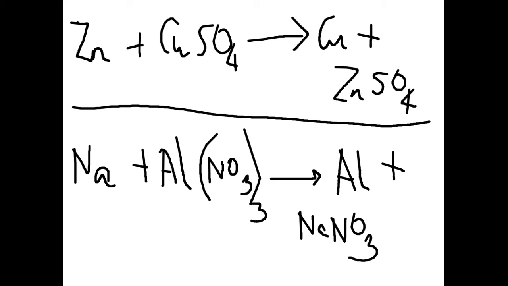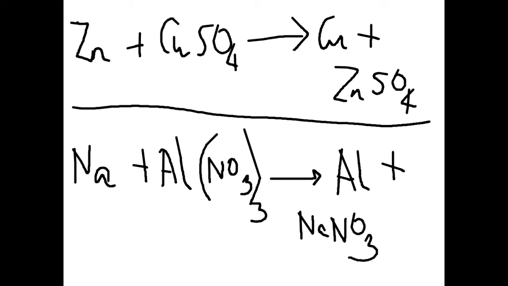Now again, it's not balanced. That's a different story, but please don't make an attempt to balance it. What I see on the test is NaNO3 thrice. People are copying from the right to the left. That is not what we're doing here. We're putting the right formula based on charge, and then we're going to balance it later. Does that make sense to everybody, please?